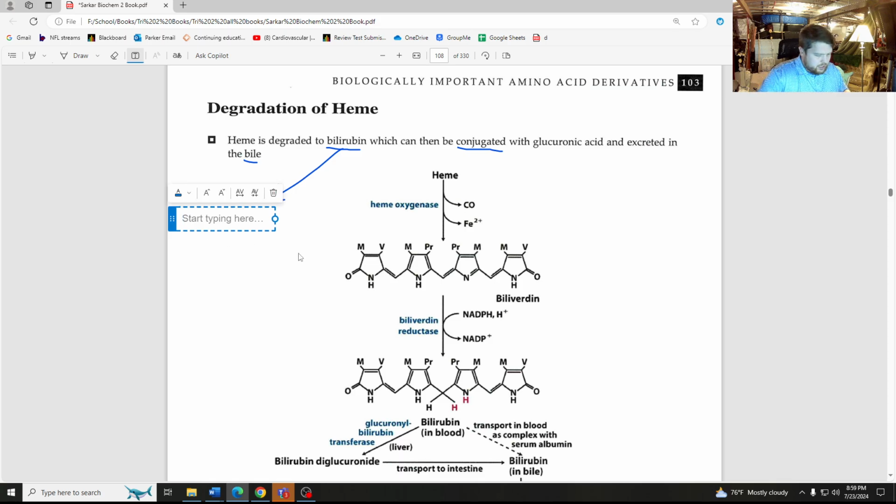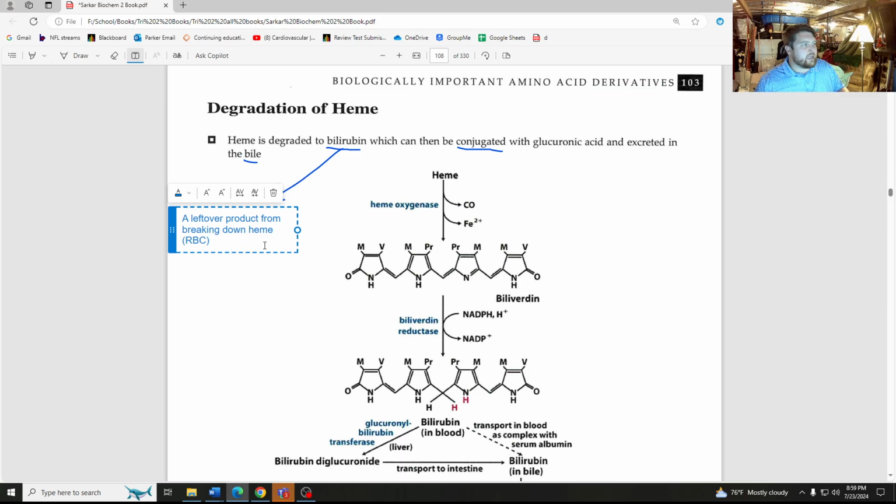Bilirubin is essentially a leftover product from breaking down heme. Right? Anything with heme, most of the time we're talking about hemoglobin, aka red blood cells. So when we break down red blood cells, we get an extra that's called bilirubin.